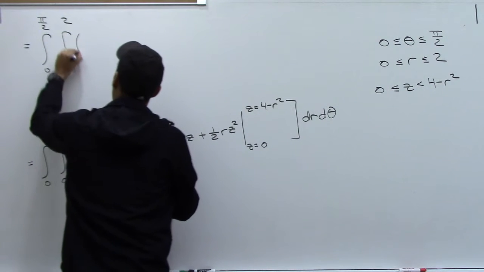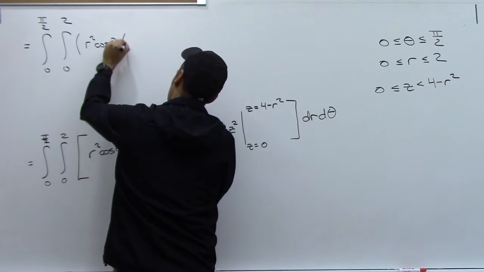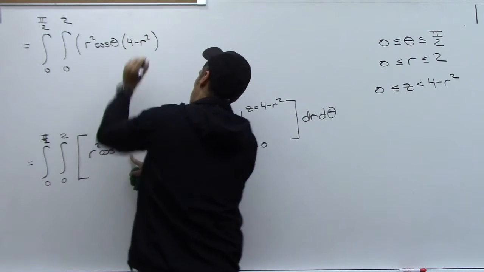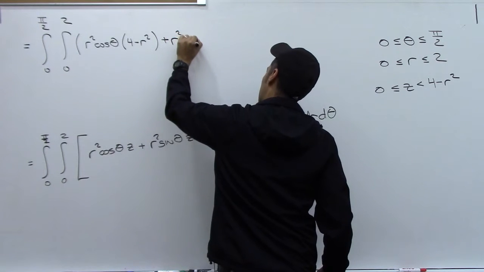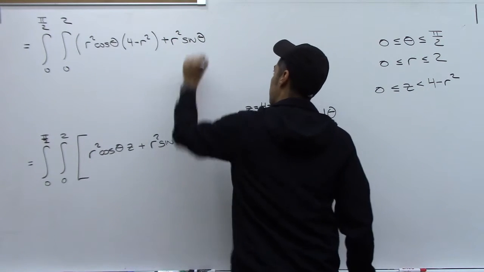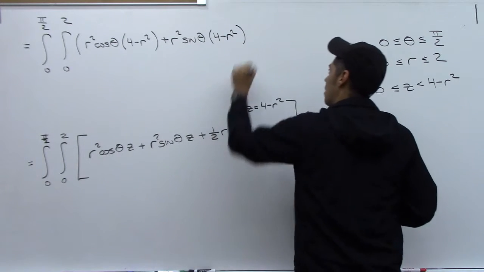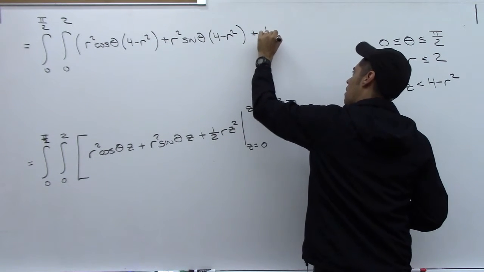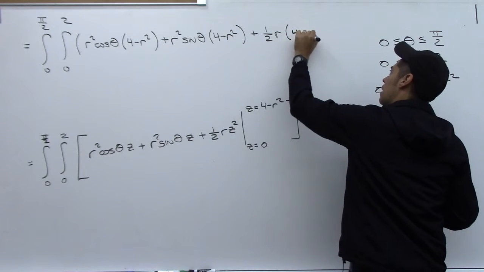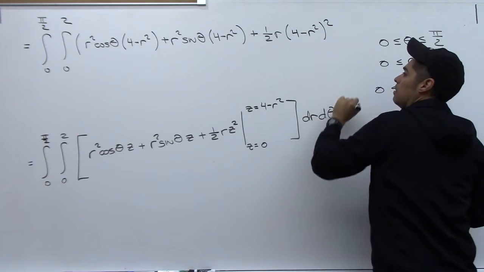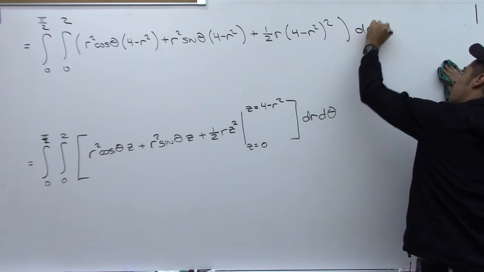So I have r squared cosine theta times 4 minus r squared, plus r squared sine theta times 4 minus r squared, and then plus 1/2 r times z squared, so 4 minus r squared, squared. That's pretty nasty, dr d theta.